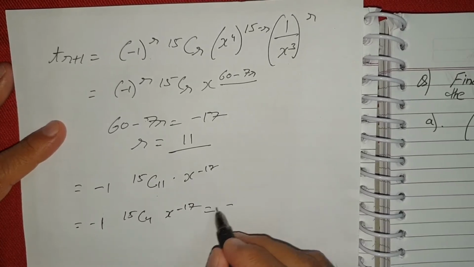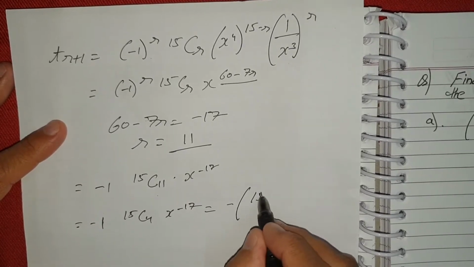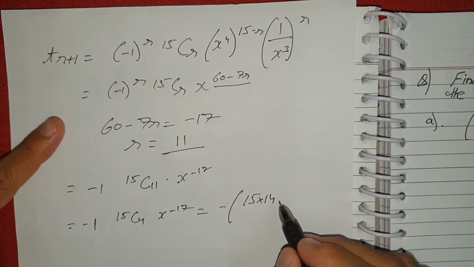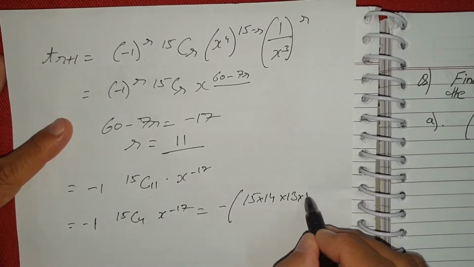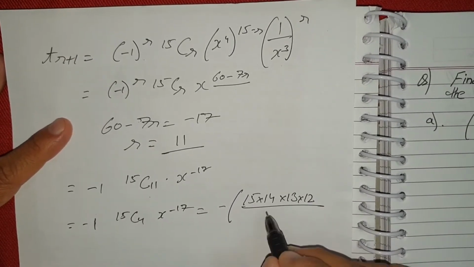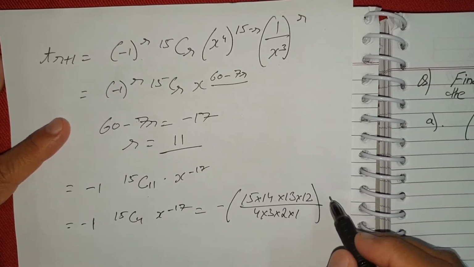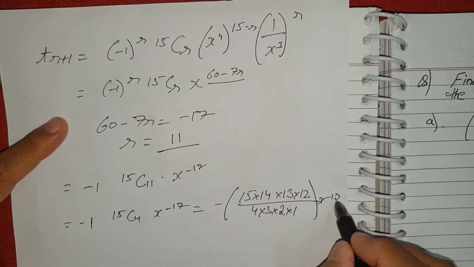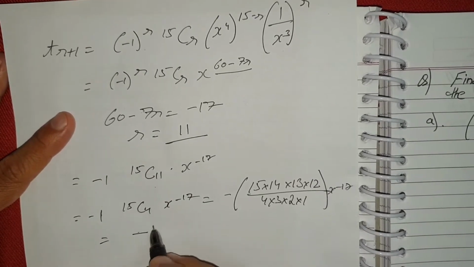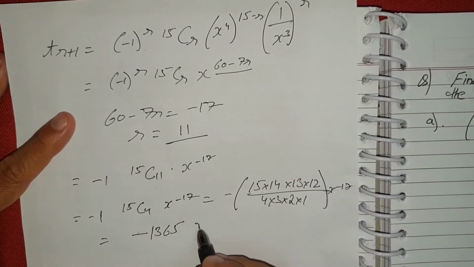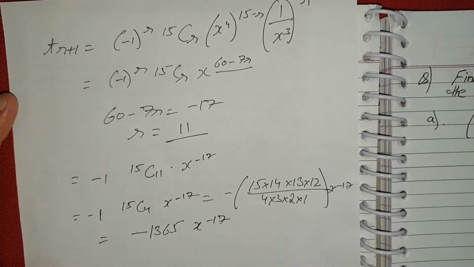The sign will be negative. 15 into 14 into 13 into 12 upon 4 into 3 into 2 into 1, so it has the same value but negative: minus 1365 x to the power minus 17.